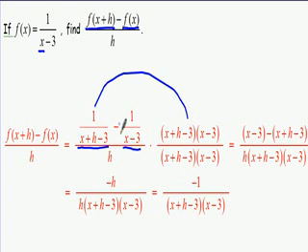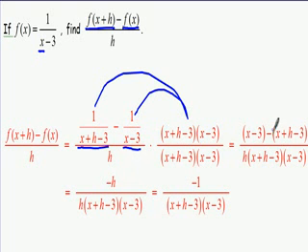We then subtract, so you'll notice the subtraction now in our next step. We subtract the result that we get when we distribute this product to our second fraction of 1 over x minus 3. What happens here is very similar to the first one, only this time the x minus 3's are going to cancel out, and we're left with x plus h minus 3 multiplied to our 1 in the numerator.